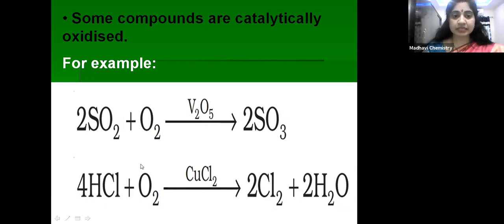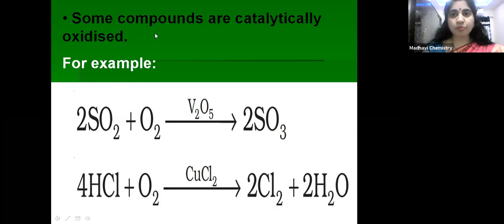Next, when HCl reacts with oxygen in the presence of copper chloride, CuCl2, it gives chlorine and H2O. This reaction is also very important. This is a method of preparation of chlorine, which we will discuss in Deacon's process. In Deacon's process, HCl combines with oxygen in the presence of copper chloride to give chlorine plus H2O.